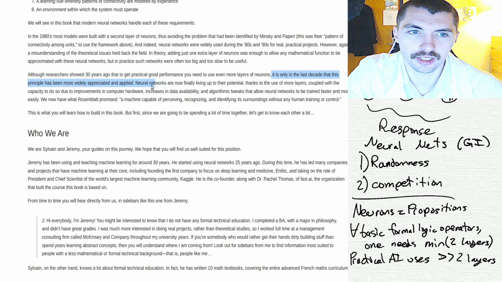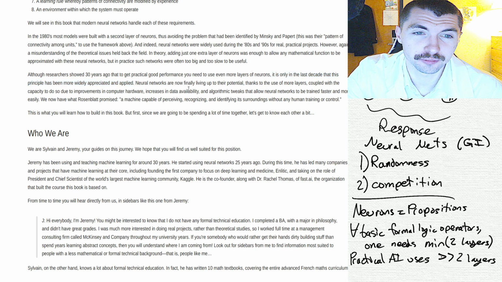It's only in the last decade that this principle has been so it's only in the last, when was this book written now? Not sure when exactly this book was written, but recently it's just layers and layers and layers. More layers means more function.